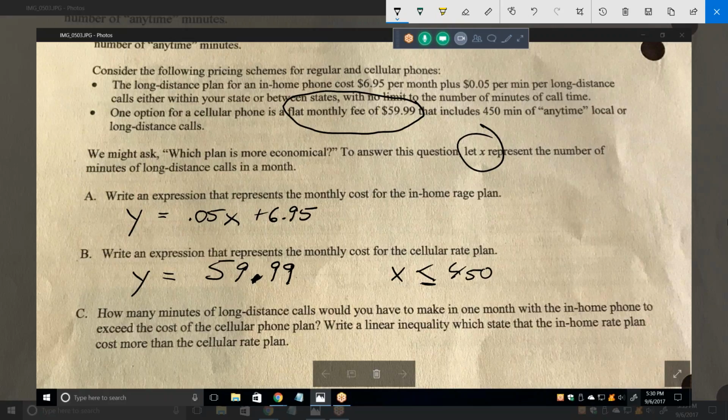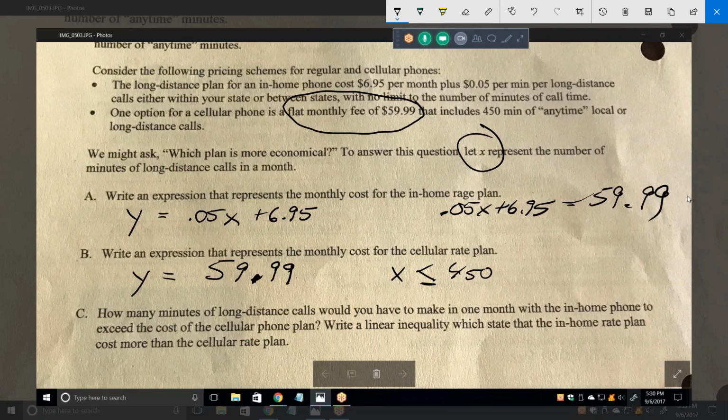In other words, let's set this y equal to this y, solve for x, and see what we get. So we got 0.05x plus 6.95 equals 59.99. This is going to solve for our break even.